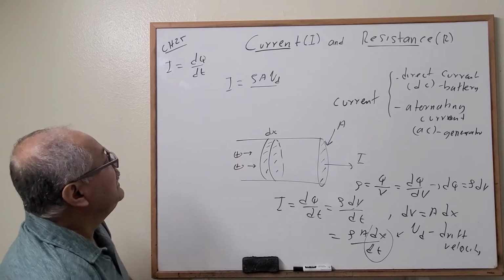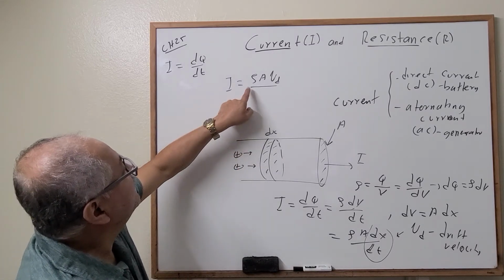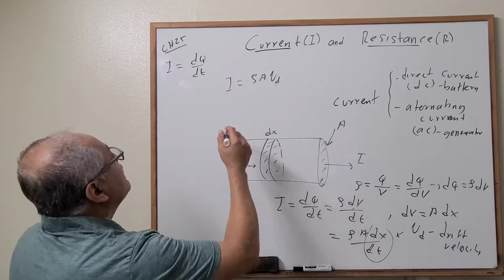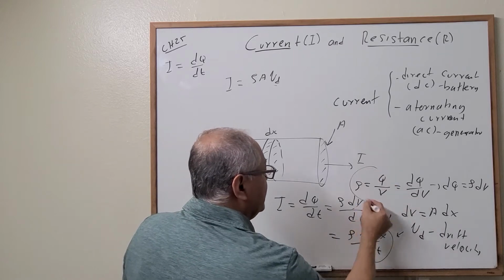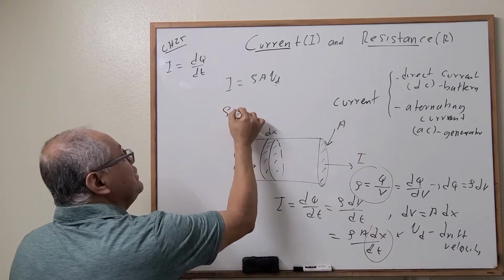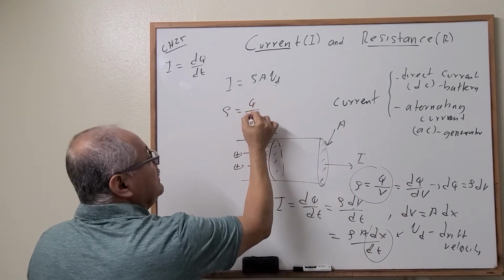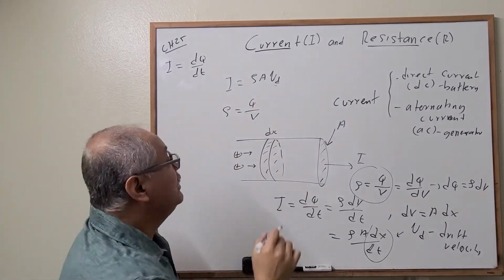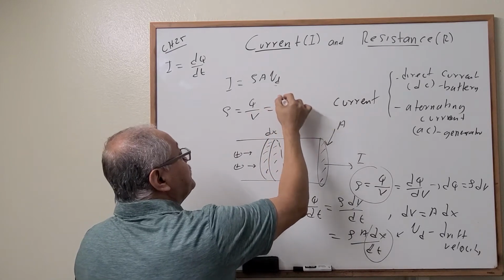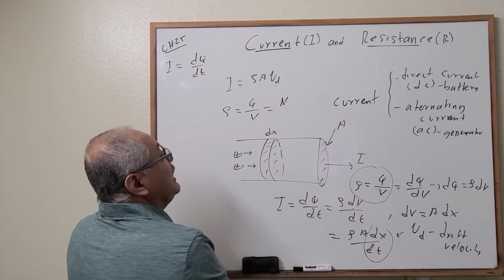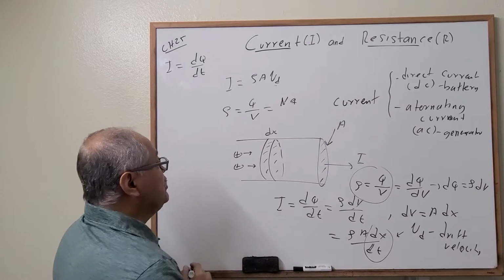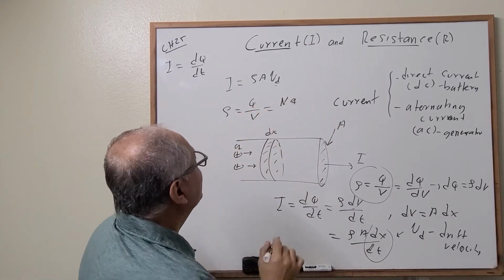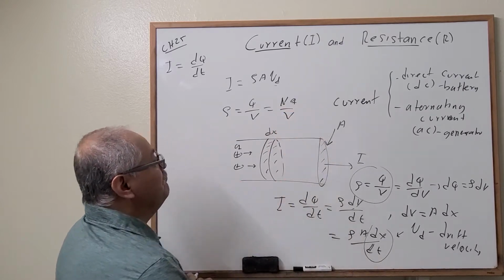Perfect. Now, let's go back to density. What do we have in density? Let's go to this equation right here. Density is equal to charge divided by the volume. But this charge is the total charge, so this equals the number of these particular charges, say each is q, so the whole thing is N times q, divided by the volume.